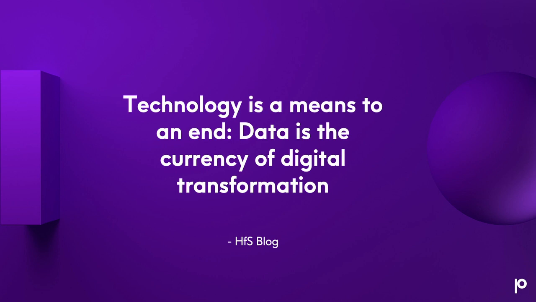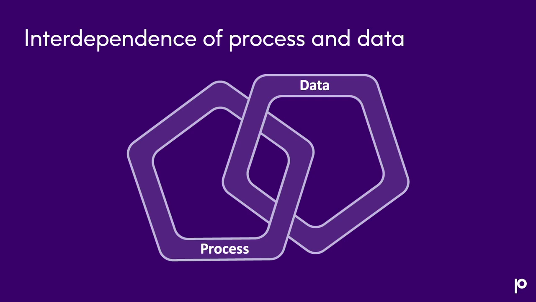And when you think about master data, it's about the processes that create and manage that data, and it's about the processes that use that data. So we have to look at that interdependence of process and data. Especially in the automation context, you can't separate these two. You can't do a process improvement initiative without looking at the data that process creates and manages.